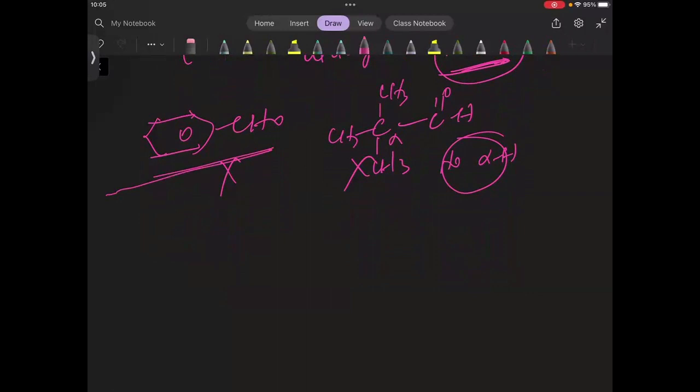Why? Students, you can see here when we talk about the E0 electrode potential of Ag plus to Ag, that is 0.80 volt. And when we talk about Fehling, copper Cu2 plus to copper, the potential is 0.18 volt.